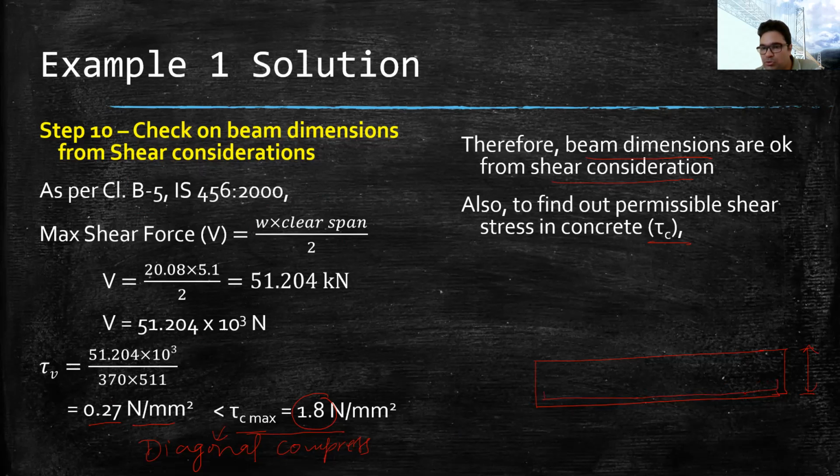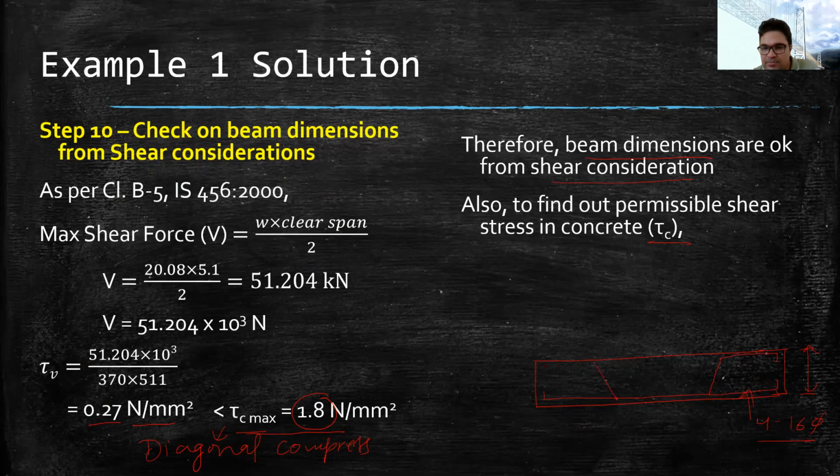So these bars are 4 bars of 16 dia. So we have already found this value. So now we have to see how many bars we will bend up. As I said, the number of bars that we can bend up will be total number of bars minus 2. So at support, at least 2 bars should be there, which means 2 bars will be bent up like this.